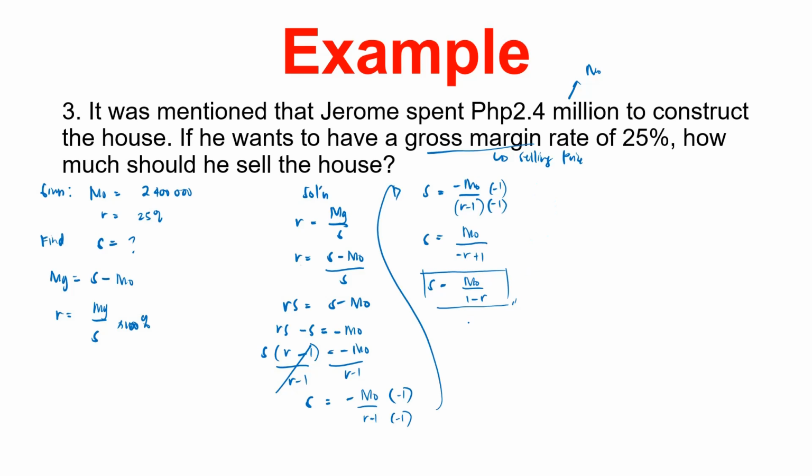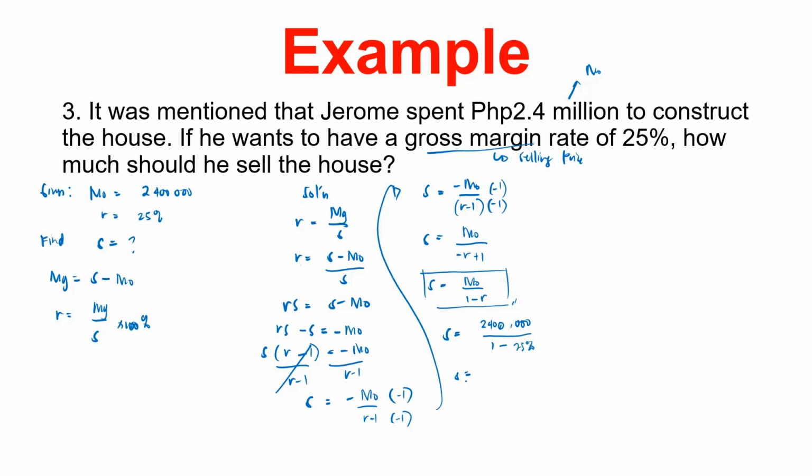Now, we can use this one. So, we have selling price, cost price is 2,400,000, over 1 minus R, which is 25% or 0.25. Okay.